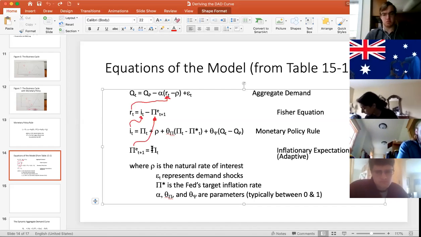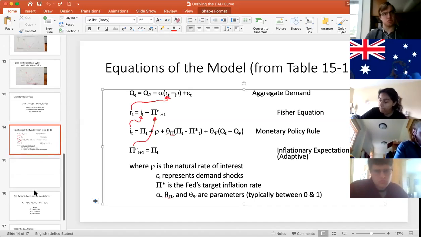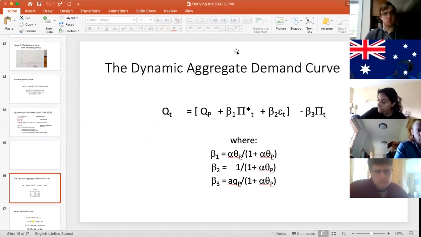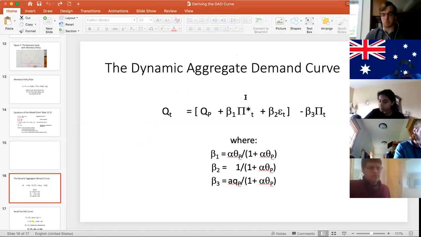So we end up with a big long equation that starts off Q equals something, and there's a whole bunch of stuff on the right-hand side that we, with algebra, simplify as much as we can. And when we get done, this is what we end up with. Okay. So there's good news and bad news. The bad news is getting to this point takes a lot of algebra. The good news is once we're here, it's actually pretty straightforward what it's saying.